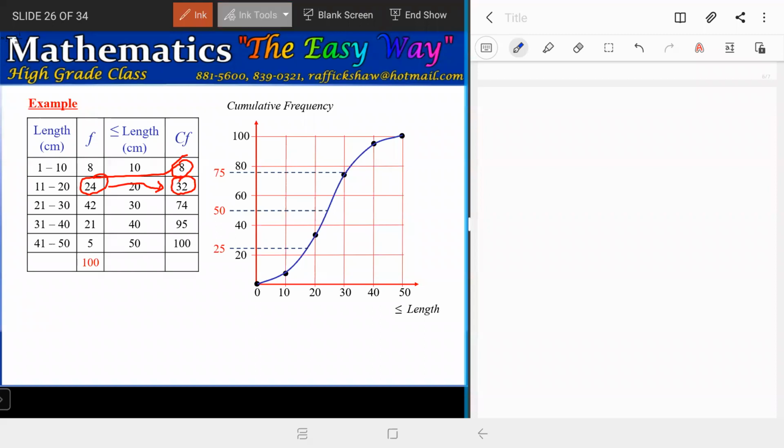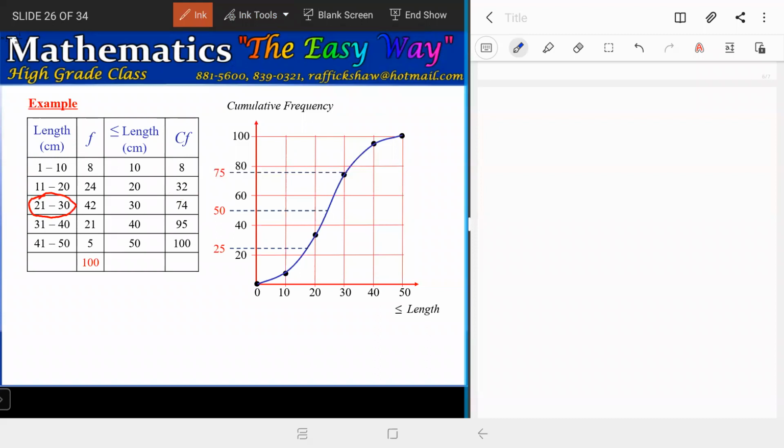So we know that 32 leaves in all measure less than or equal to 20 centimeters. So we have accounted for 32 leaves already from the first 2 groups. Remember, we're putting the leaves in ascending order, from the shortest leaves to the tallest leaves. Then we go to the next group of leaves.